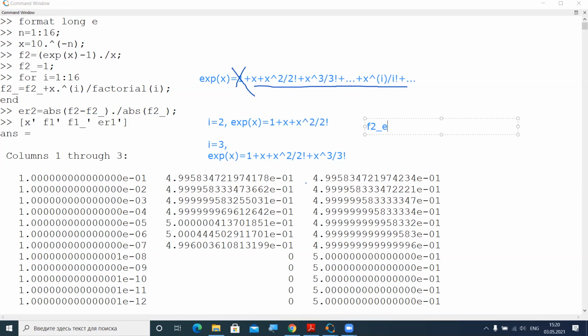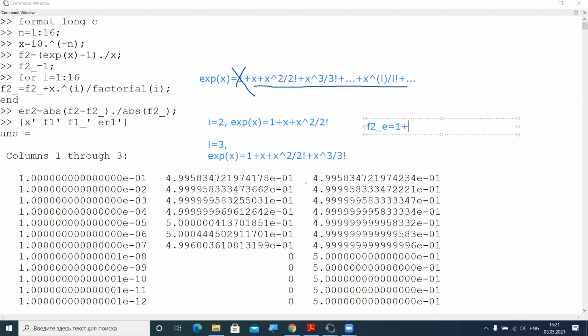This function now equals, after division, 1 plus, now we have one less power: x first power, x second power, etc., x to the power i minus 1. Is it clear? Because we divided by x.